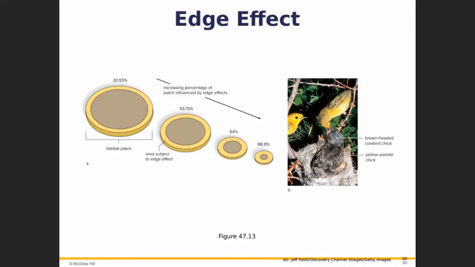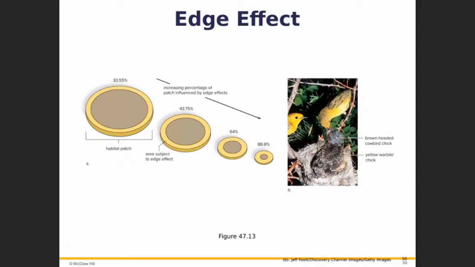Therefore, the effective habitat shrinks as a patch gets smaller. The smaller the patch, the greater the proportion that is subject to the edge effect.